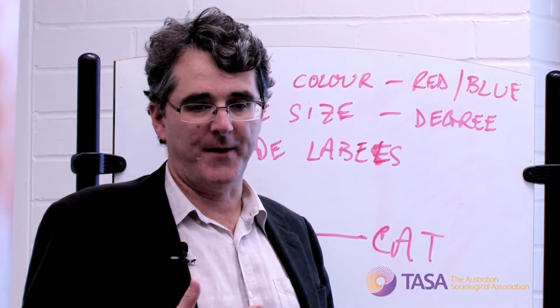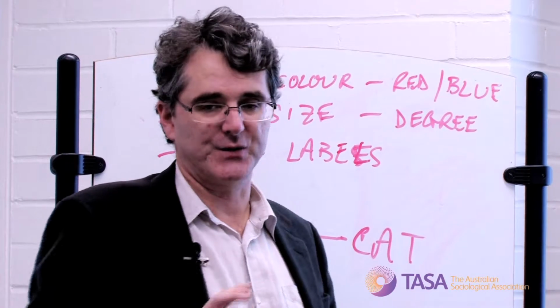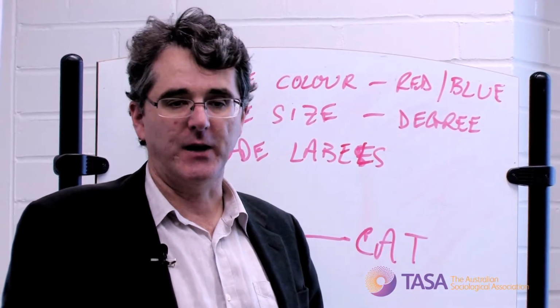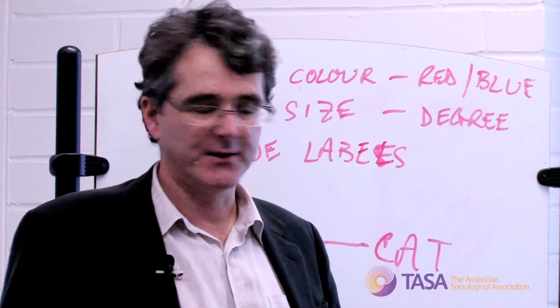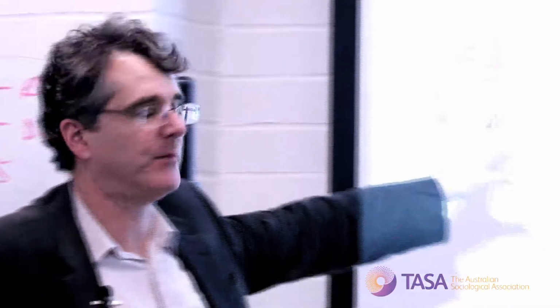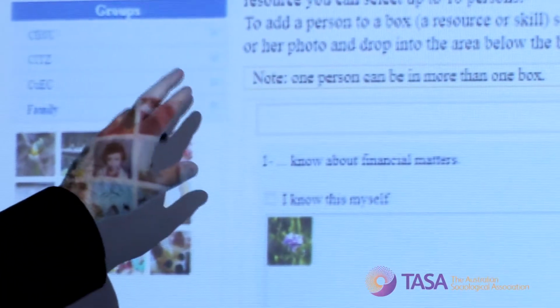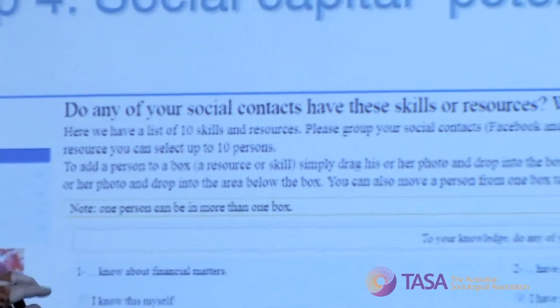That is where you have a survey and you identify a certain number of resources that you think are important to the people that you're studying, and you ask who in your social network has that resource. We've got 10 of them listed here, but I'll read some out. You're asked, do any of your social contacts have these skills or resources, and what about yourself?